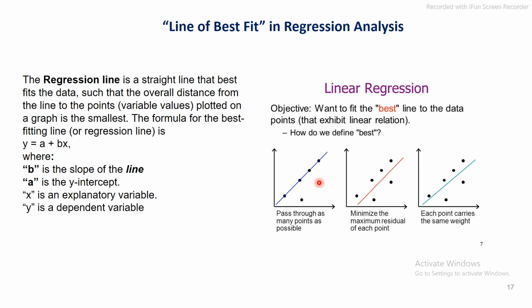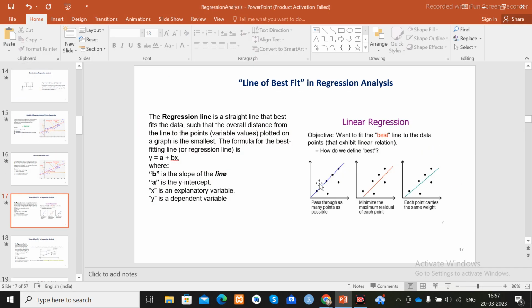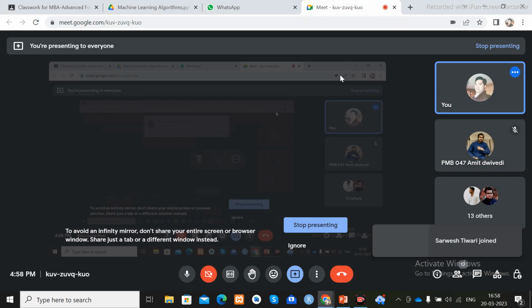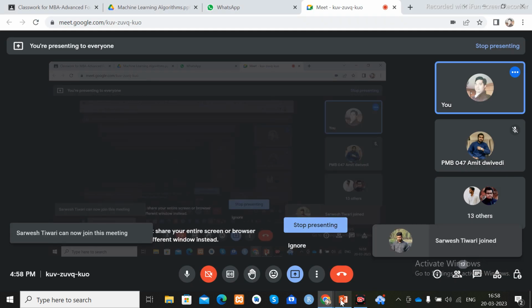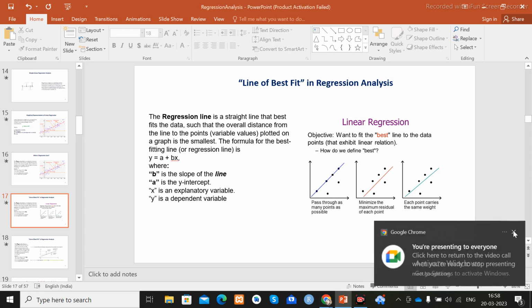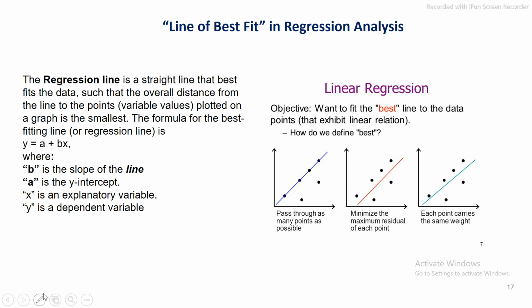In the first one, two data points are away from the line, let's say this is the line of best fit we put in.